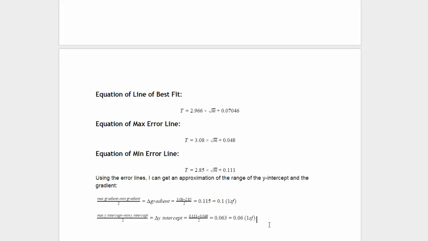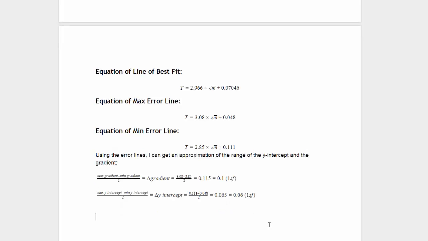So our final equation after all of that. Let's write it in with uncertainty now. This is what it's all been building towards. Okay, so the time period is equal to our best value for the gradient, which is 2.966.